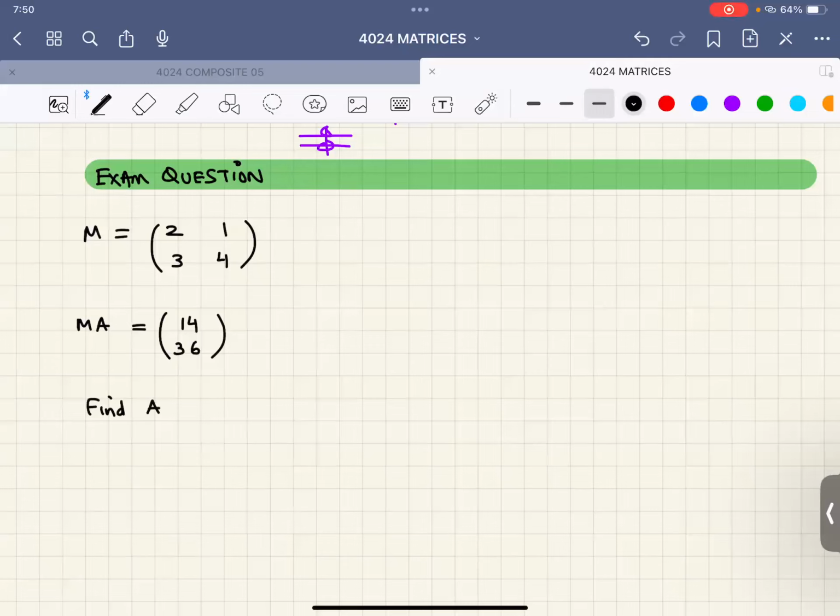Now, remember, there is multiplication in matrices. There is inverse in matrices. There is the concept of M into M inverse is the same thing as identity matrix, which is M inverse into identity matrix.